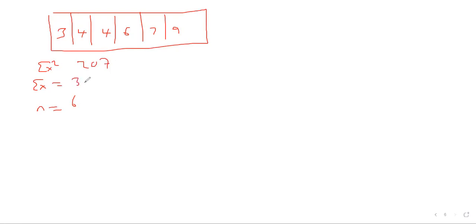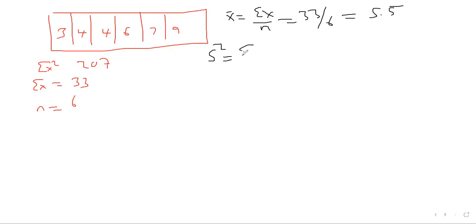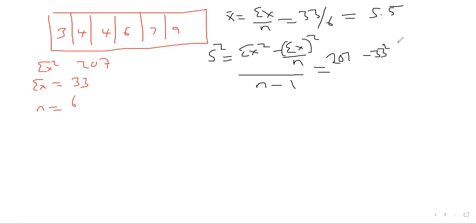How do you define the mean? The mean is simply summation of x over n: 33 over 6, which is 5.5. How do we find the variance? Summation of x squared minus summation of x to the power 2 over n, everything over n minus 1. So this is 207 minus 33 squared over 6, everything over 6 minus 1.